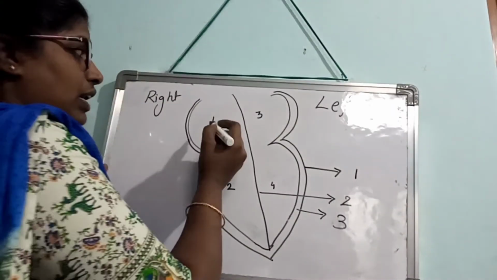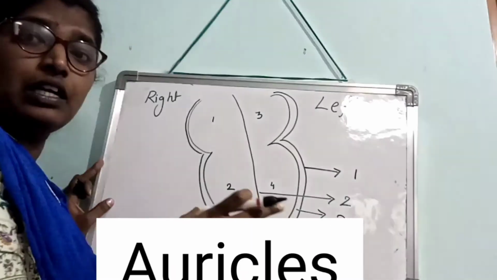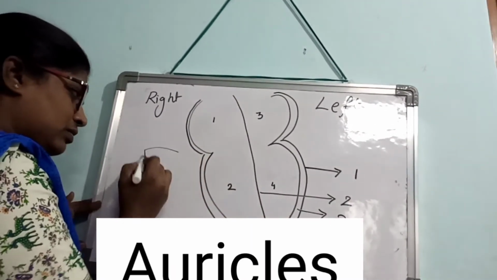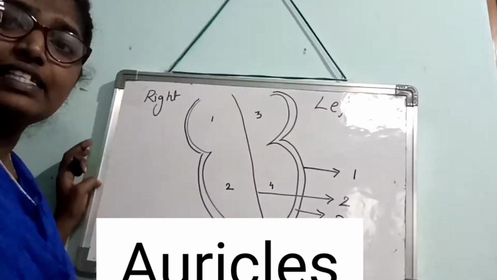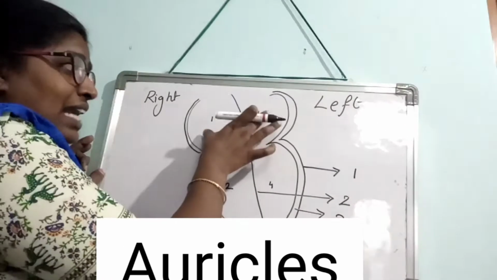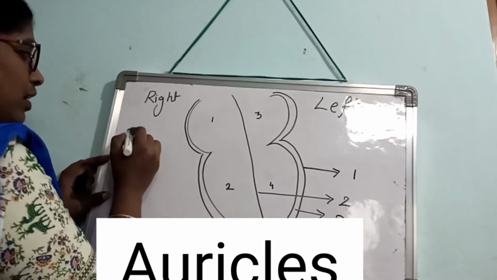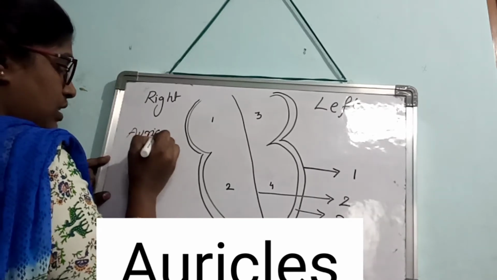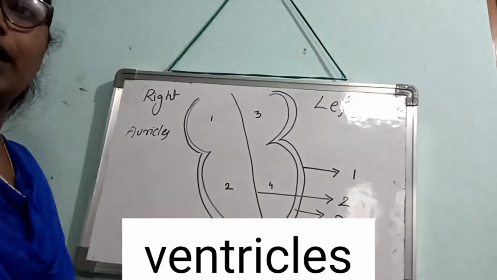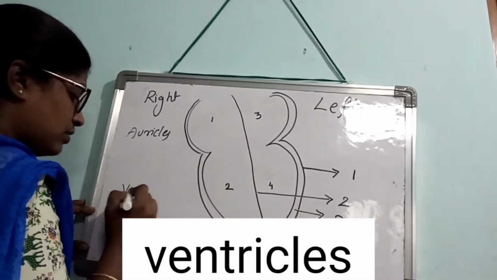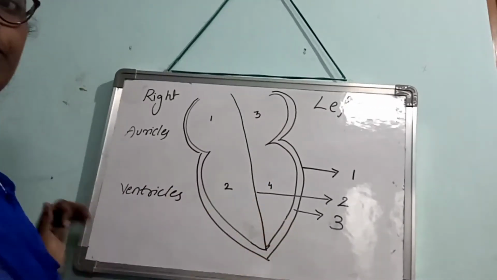Now, the shape of the heart is pear shaped, or you can also call it triangle shaped. The anterior part you call auricles, and the posterior part you call ventricles.